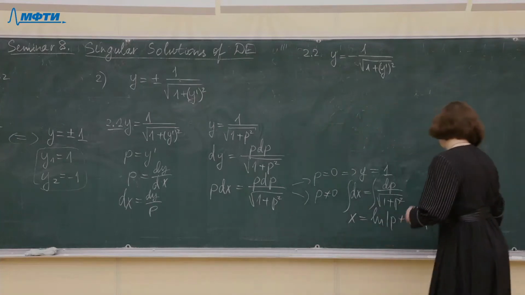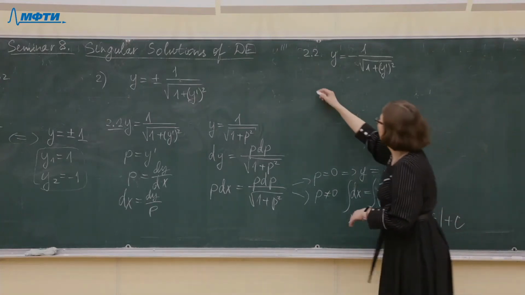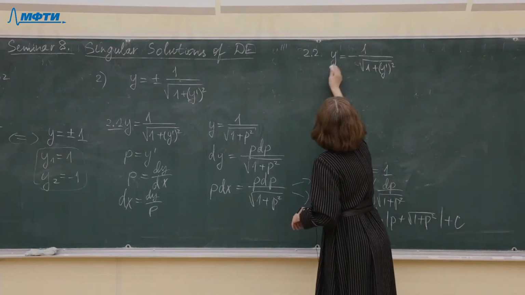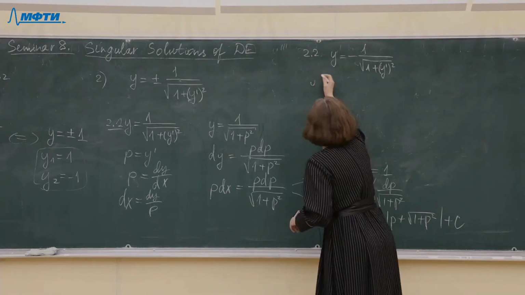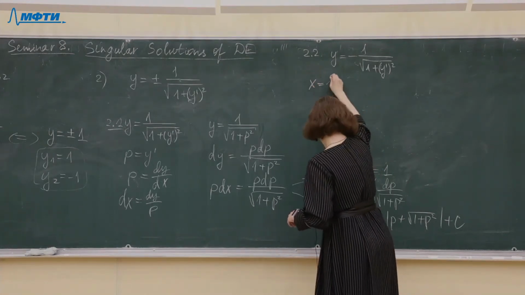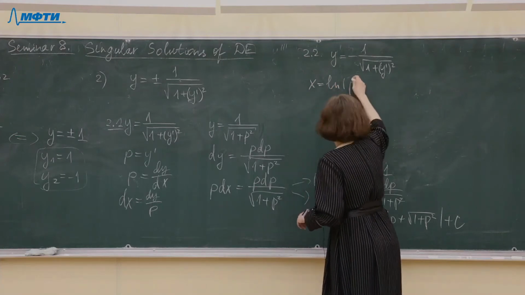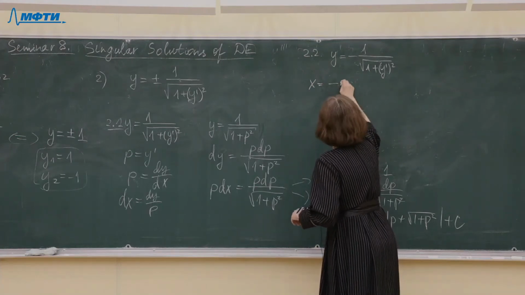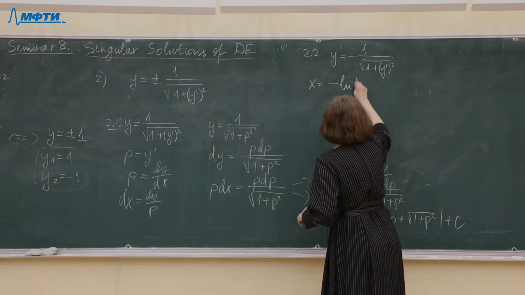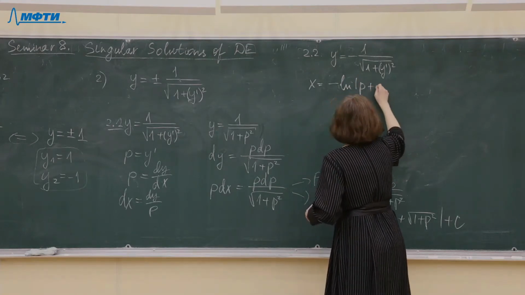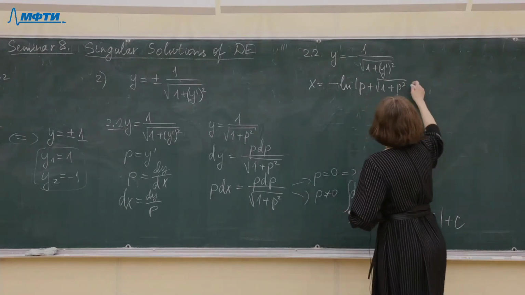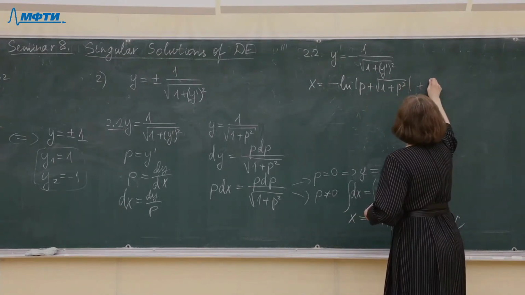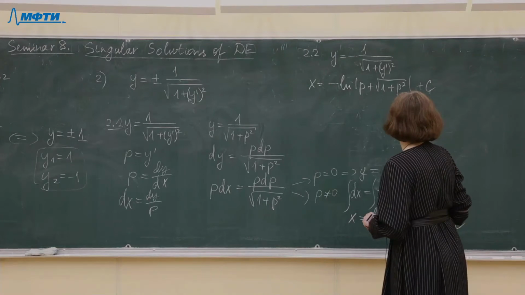Okay, so I will substitute, right, I will finish this. So x equals ln minus ln p plus root 1 plus p squared plus c.